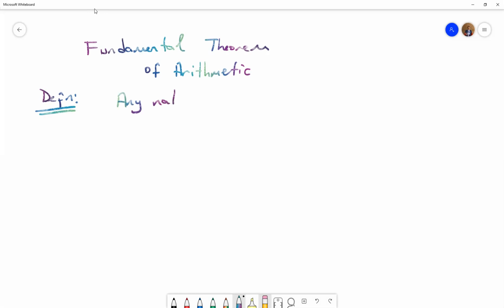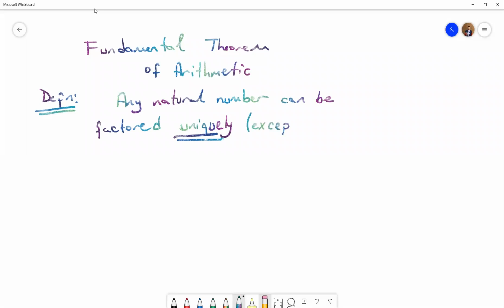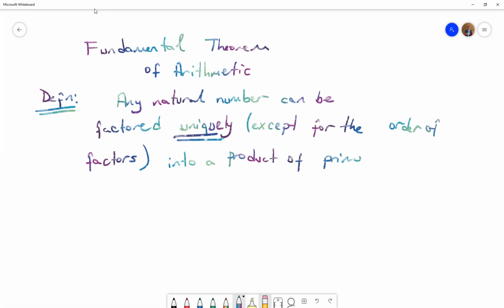Any natural number can be factored uniquely, this is important, uniquely, except for the order of factors, into a product of prime powers.